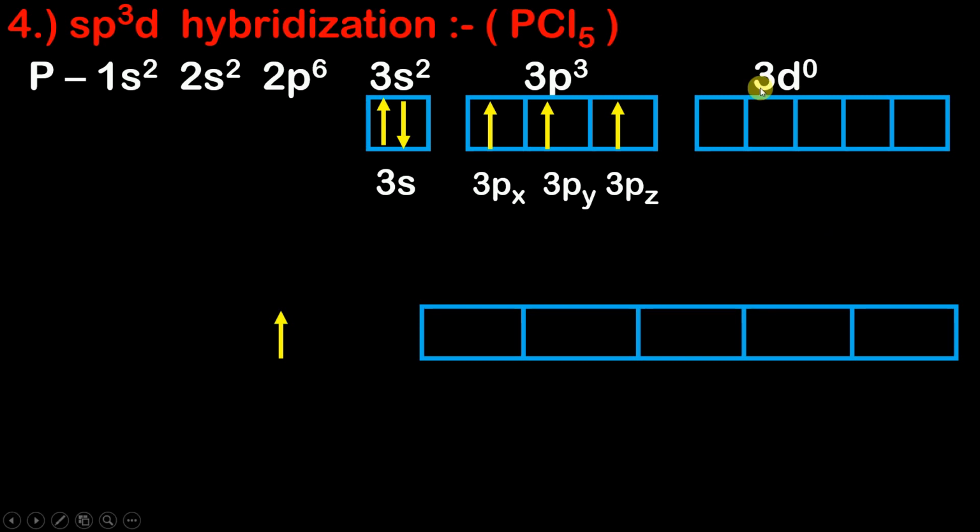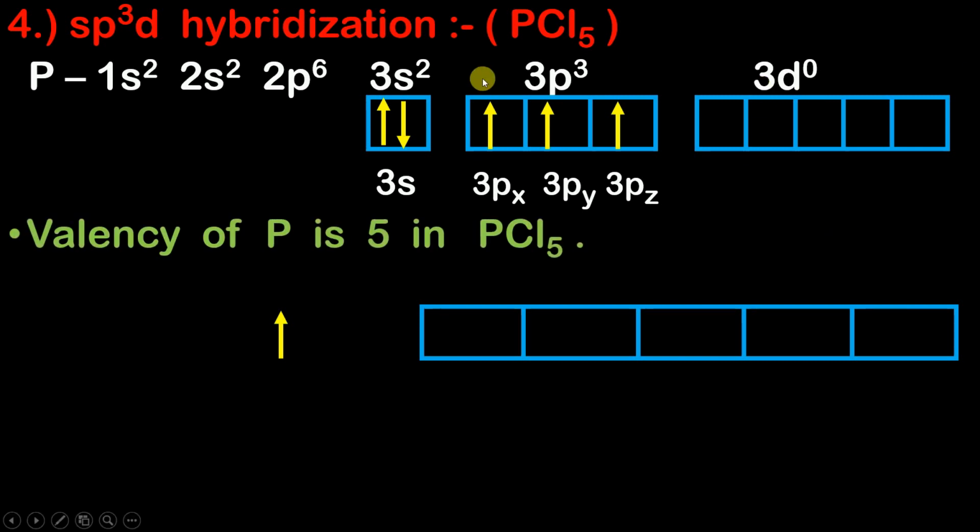Now moving on, what we observe is that the valency of phosphorus is 5 in PCl5, which means that we require 5 unpaired electrons, and to have 5 unpaired electrons we require 5 orbitals with 1 electron each. Am I right?